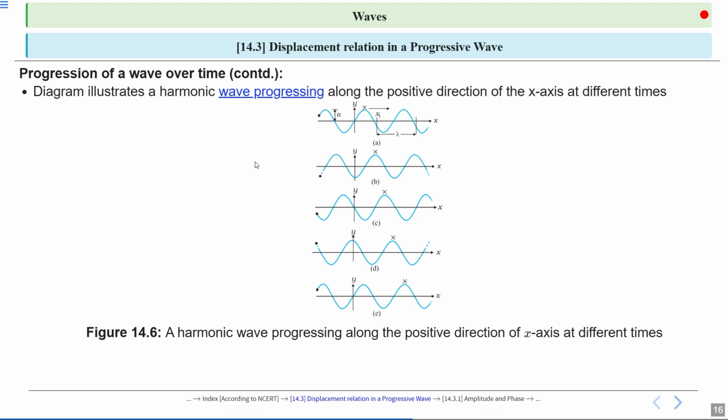So, in A, this one, and in B, this one. Clear? The shape of the wave stays the same, but its position shifts to the right as time goes. In B the position is this one, in C the position is this one, in D this one, and in E the position shifts towards the right.